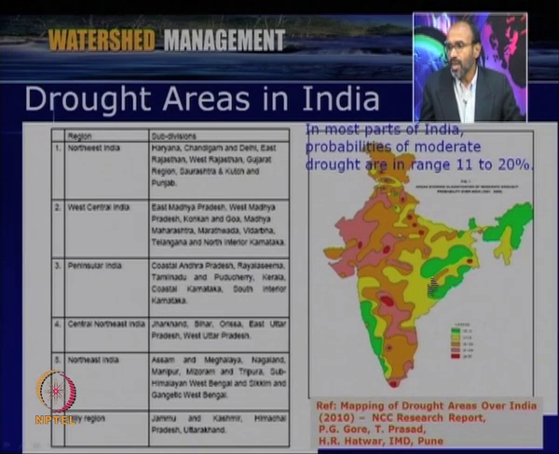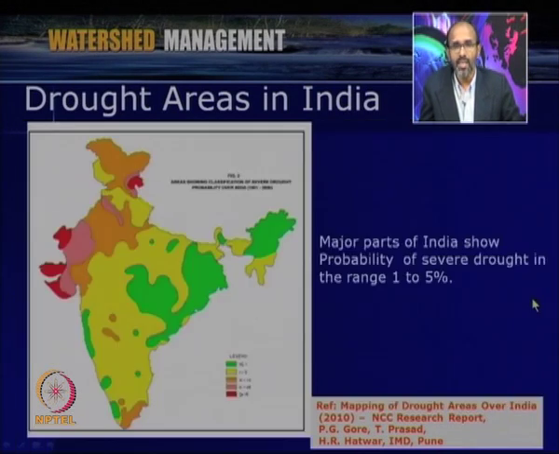So you can see the probabilities of moderate droughts. For example, moderate drought is indicated from 11 to 20%, given by this color, and that is distributed like this. With respect to moderate droughts, they have come up with this map based upon the data analysis for 100 years.